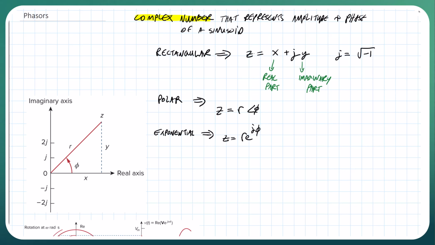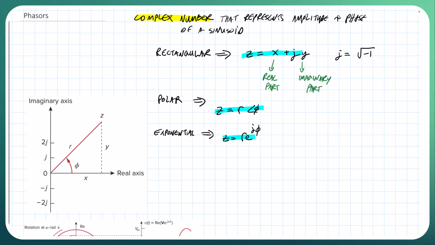So these are all the same thing, just different formatting. Alright, so why is this important? Because this can simplify our analysis of sinusoid functions, and also help us with simplification of the math as well.